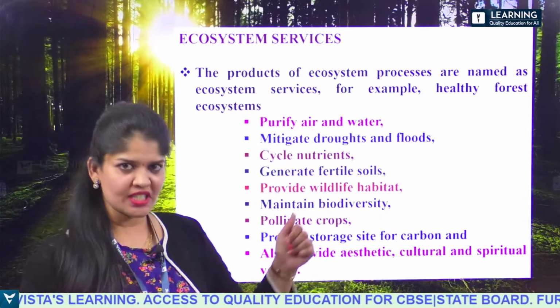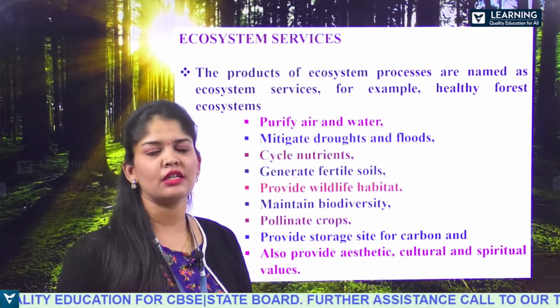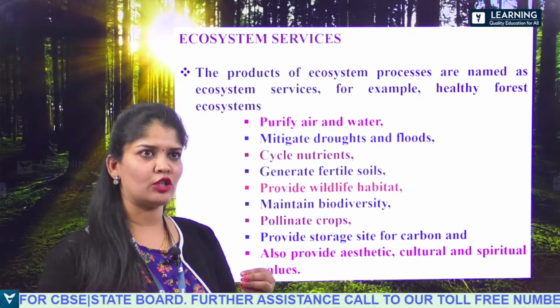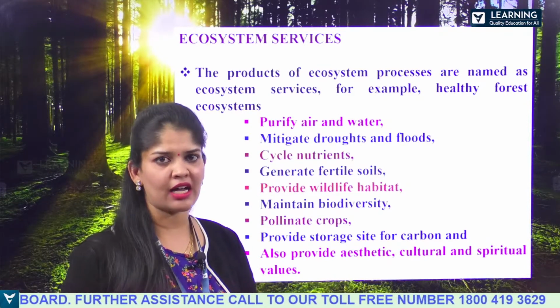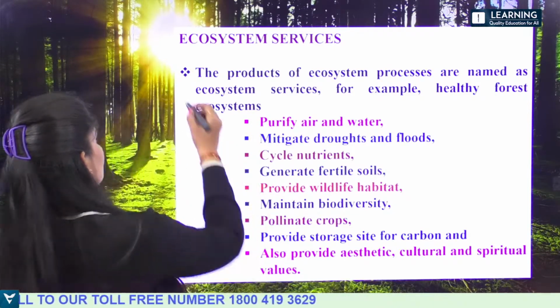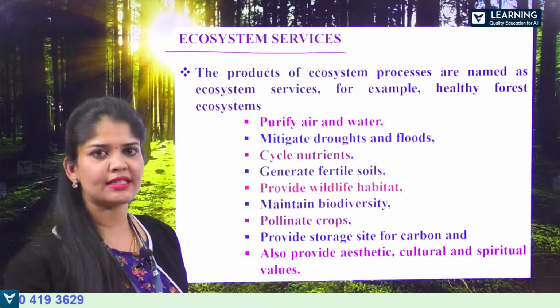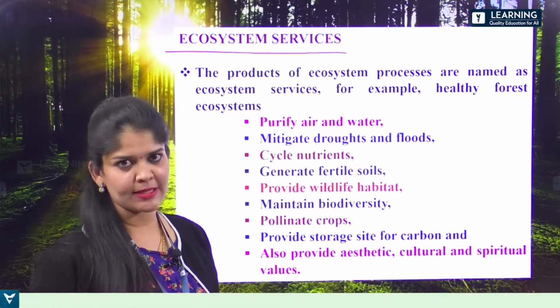Now, as we just mentioned, there is a long, endless, countless list, we can say, of the ecological services that we are getting from our ecology, that means the ecosystem, right? Now, ecosystem services, we already discussed while we were discussing the ecosystem.